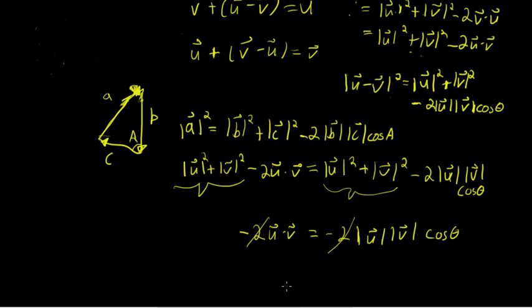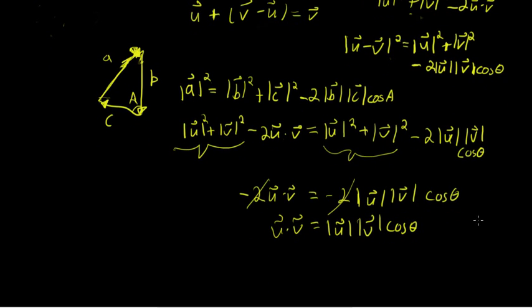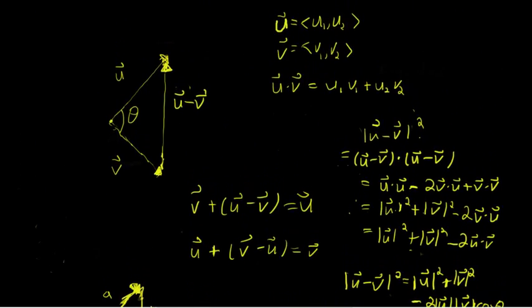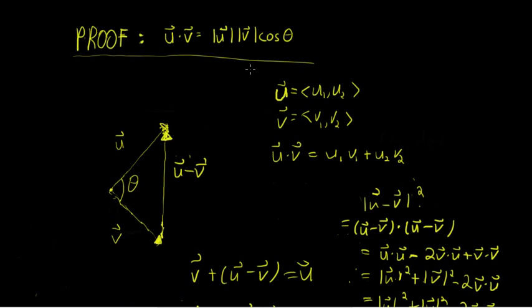Divide both sides by negative 2 and we get u dot v equals the magnitude of u times the magnitude of v times cosine theta, and this is basically the result we were looking to obtain. So hopefully that sheds some light on why this statement is true.